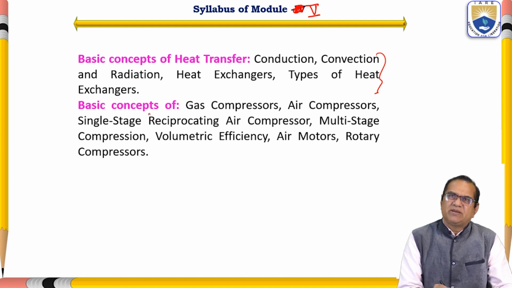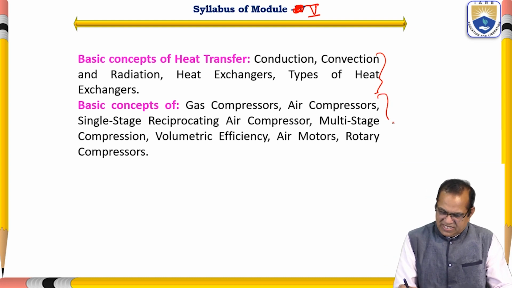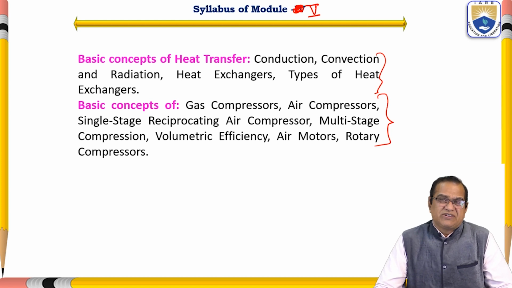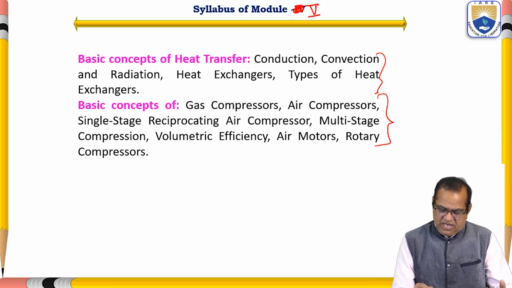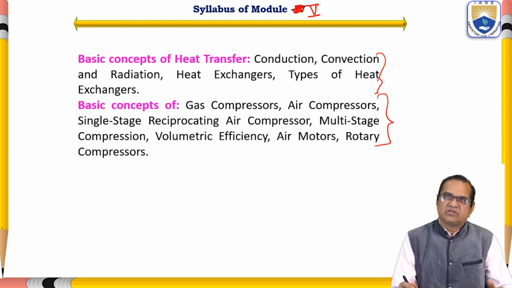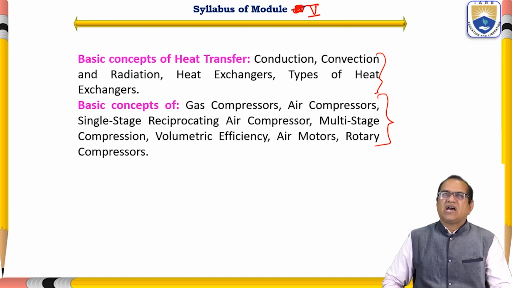The next is the basic concept of gas compressors, air compressor, single stage reciprocating air compressor, multi-stage compressor, volumetric efficiency, air motors, and the rotary compressor. This I will be discussing in my lecture number 8 or 9 about the gas compressor, and lectures 1 to 7 we will be discussing heat transfer. In the next 10 lectures we are going to dedicate to this module.